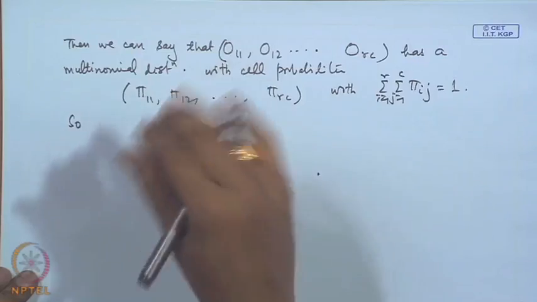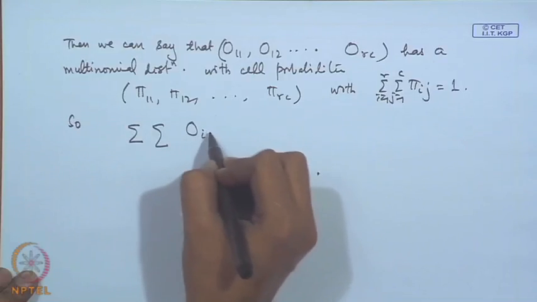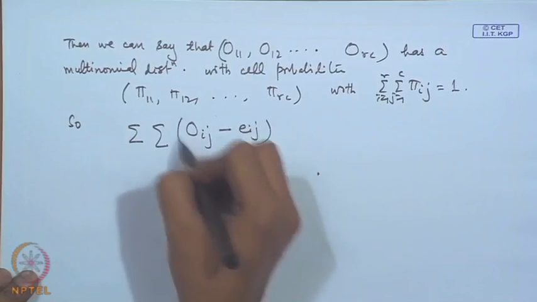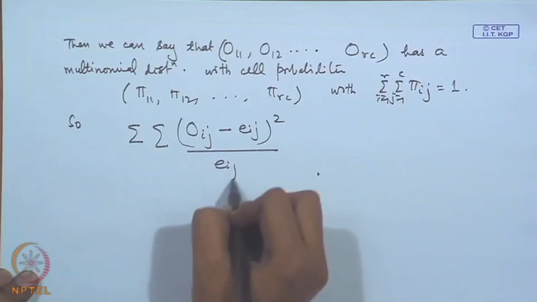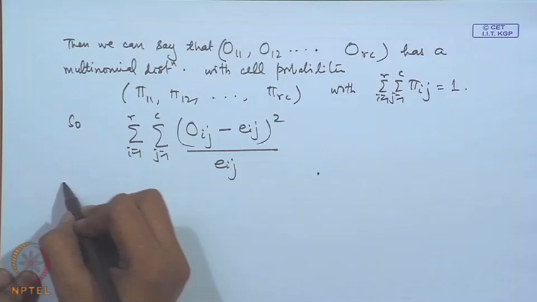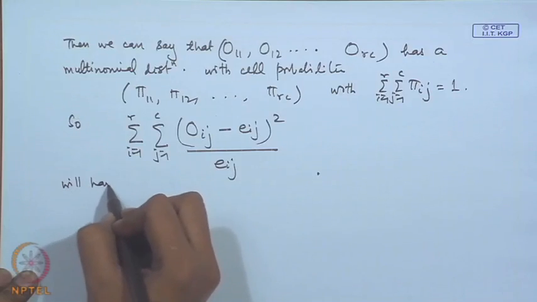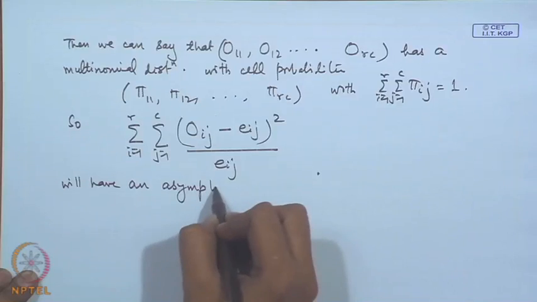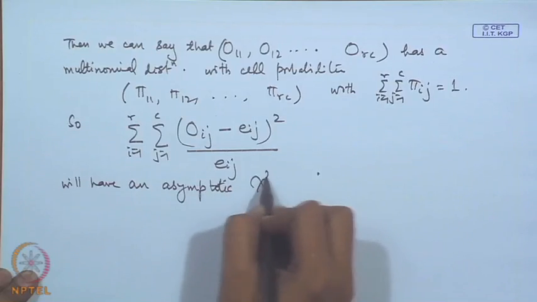So, by the goodness of fit explanation that I gave earlier, if I consider the double summation of O I j minus E I j square divided by E I j, I equal to 1 to r, j equal to 1 to c, it will have an asymptotic chi square distribution.